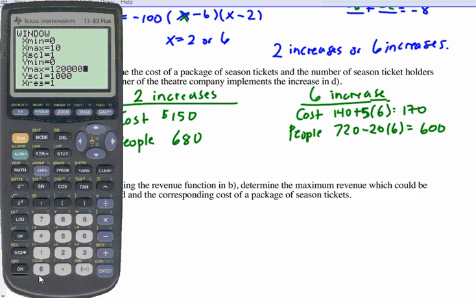So we use that data we had, graphing X, number of increases, with revenue. Think about what you're graphing here when you make your windows. Go to Y equals. That was our equation, remember the equation on the previous page? $140 plus $5 for every increase.